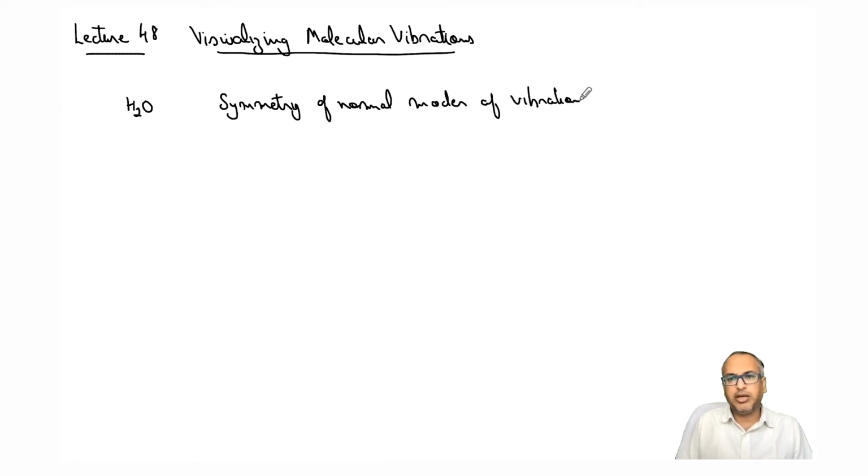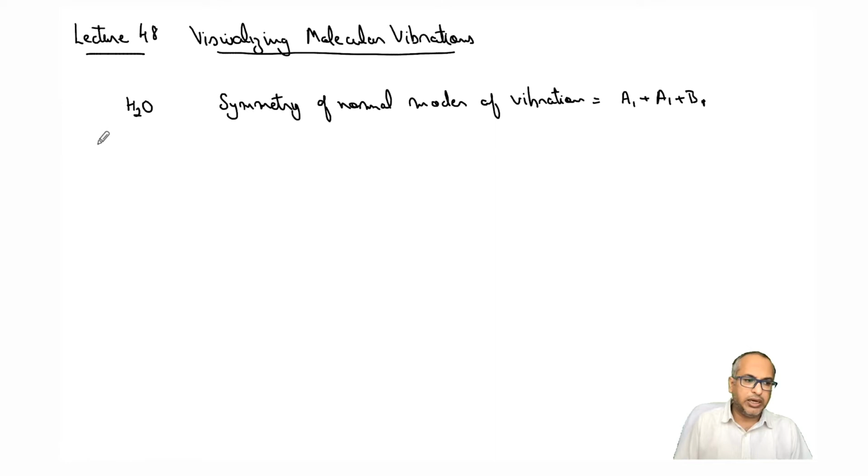We saw that there are three vibration modes present, and the symmetry we could find out was A1, A1 and B1. So there are two A1 modes and one B1 mode, right? But we don't know how it looks on the molecule. So can we use our knowledge of symmetry and group theory to visualize these molecular vibrations?